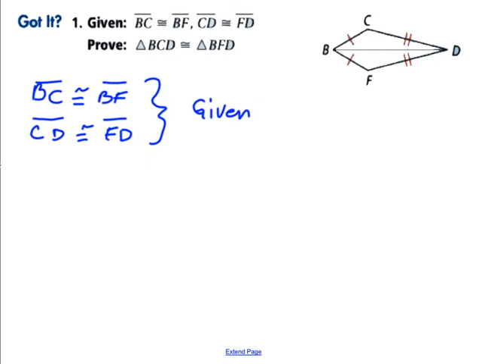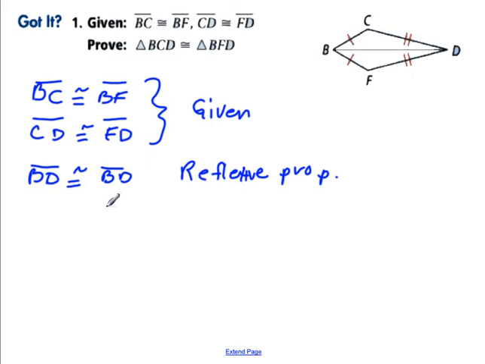So we're going to say that side BD is congruent to itself. And what would our reasoning be for that? How can we justify that? That was that reflexive property. Okay?